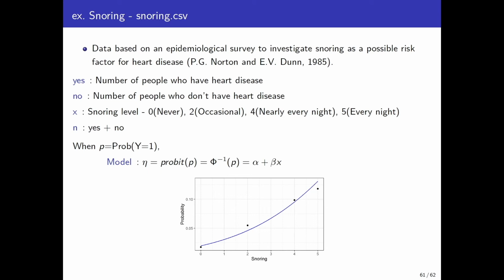The variables include yes, the number of people who have heart disease; no, the number of people who don't have heart disease; x, the snoring level: 0 never, 2 occasional, 4 nearly every night, 5 every night; and n, yes plus no. When the probability of y equals 1, we can write our model as eta equals probit of p, which is alpha plus beta x.